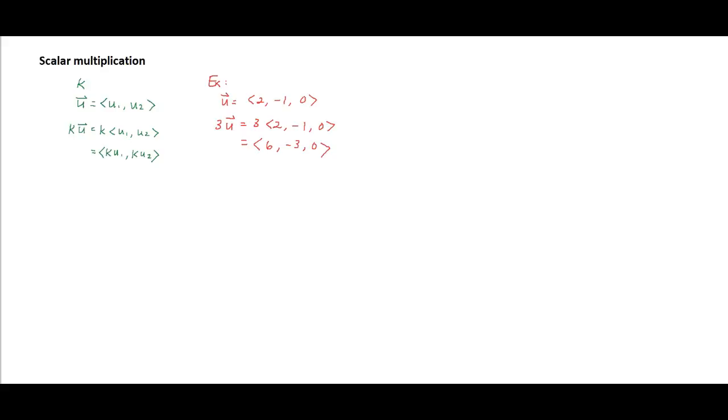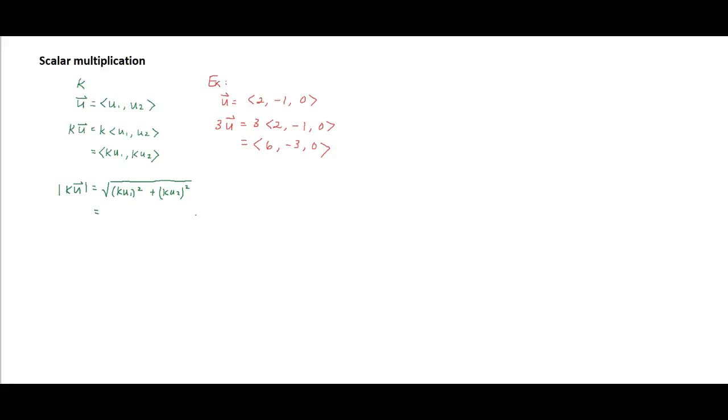So now, what does this actually do to the magnitude of the vectors? Let's think about that. If we take a look at the magnitude of k times vector u, well, we know that this is going to be the square root of the sum of the squares of components. So we get (ku1) squared and (ku2) squared.